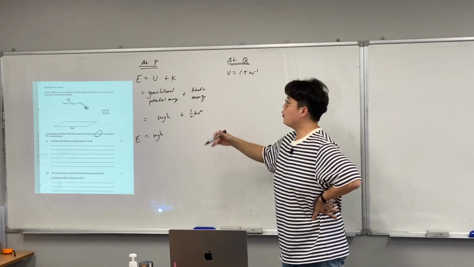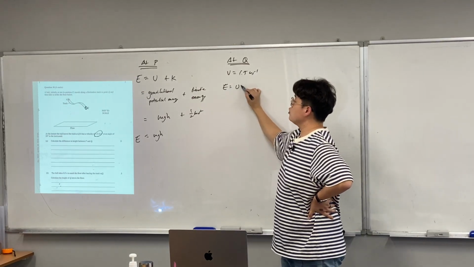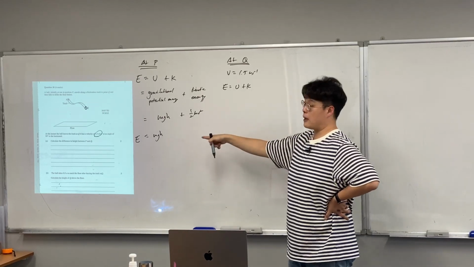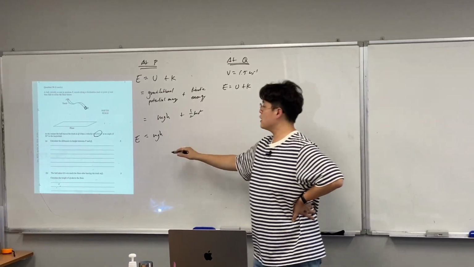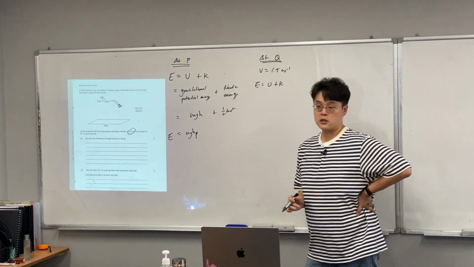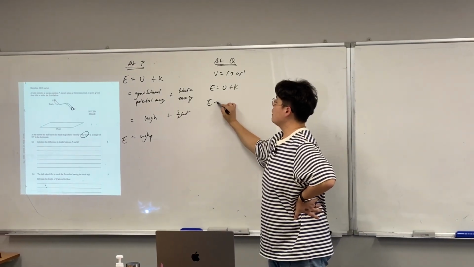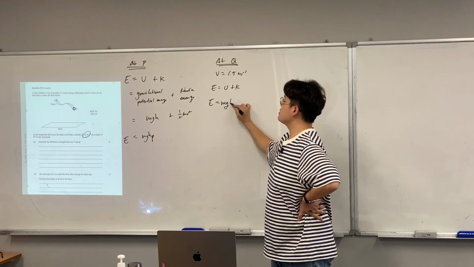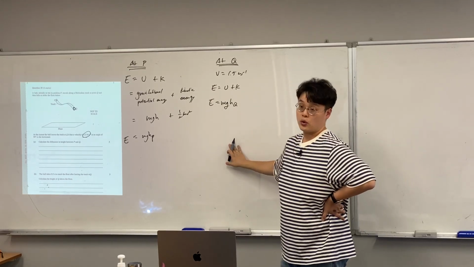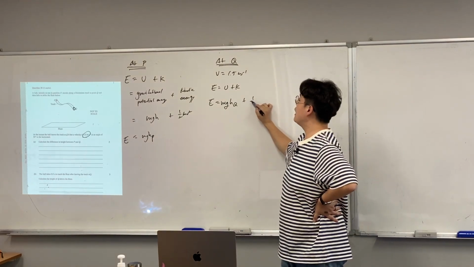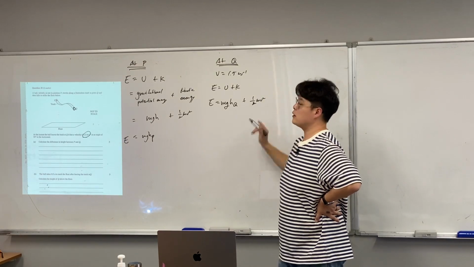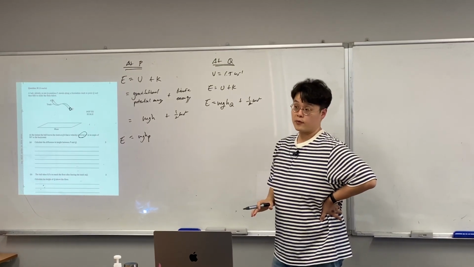But the total amount of energy is still conserved, which is U plus K. That's the same as the mgh value that we have here, so I'm going to put the h of P, just in case. Then the total mechanical energy is mg times the height at Q, plus half mv squared, like this. Does it make sense at all?